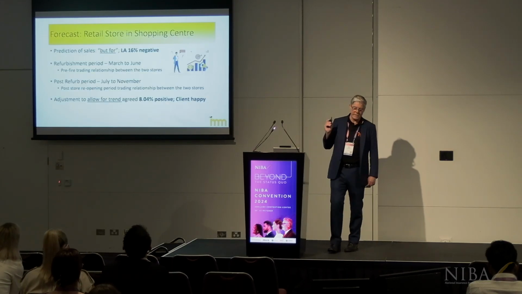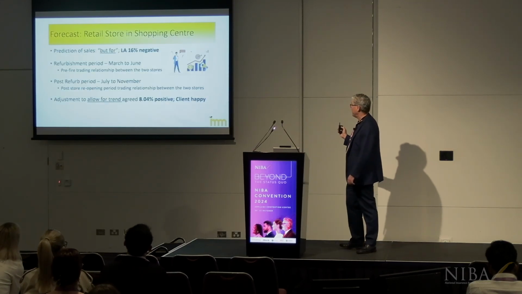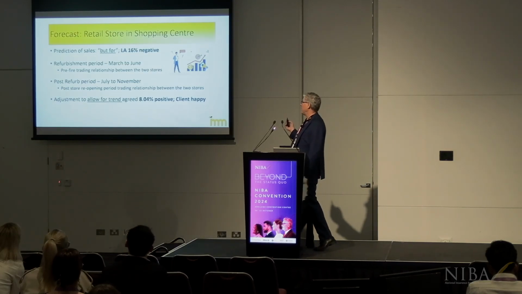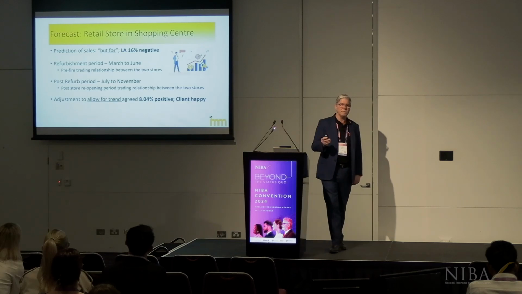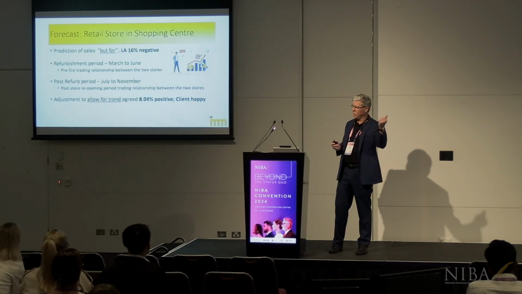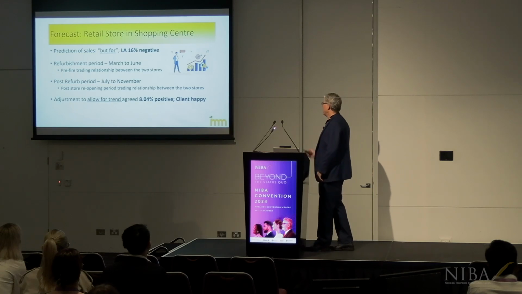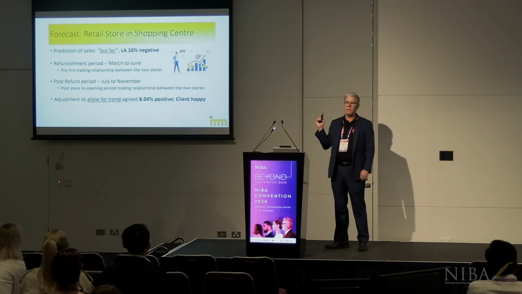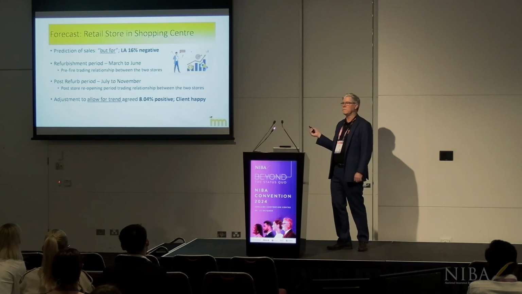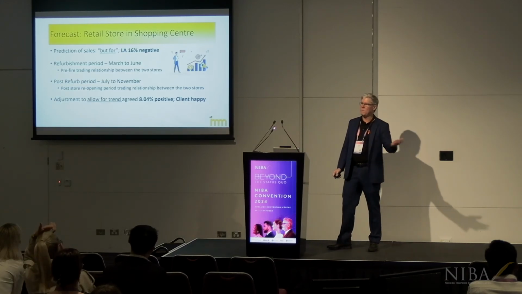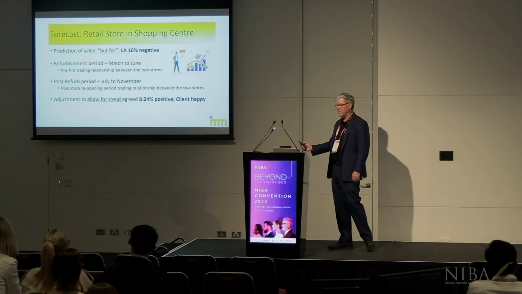Even though at the start a loss adjuster said this client has a negative 16% trend, once you took into account all the adjustment clauses and the things you could bring into the calculation, trend plus the comparative stores, everyone agreed the client would have done 8% positive. So that's a 24% swing between what was first put forward to the client and what actually got settled.